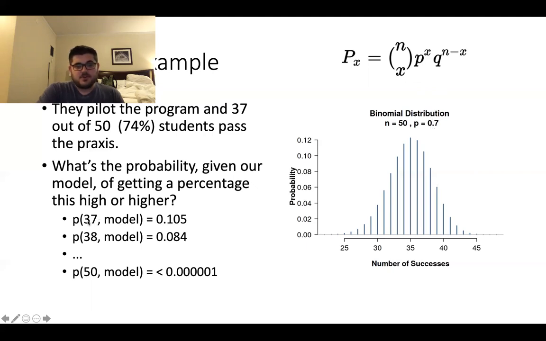The probability of 37 out of 50 passing is 10.5%. What about 38 passing? That's 8.4%.